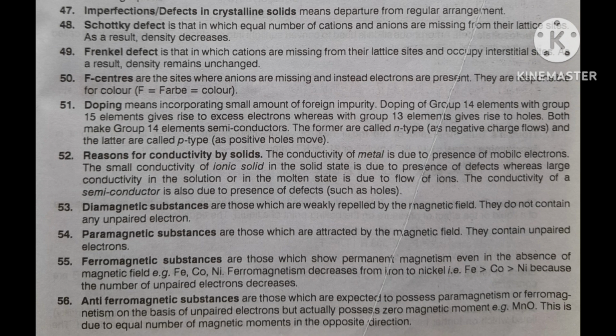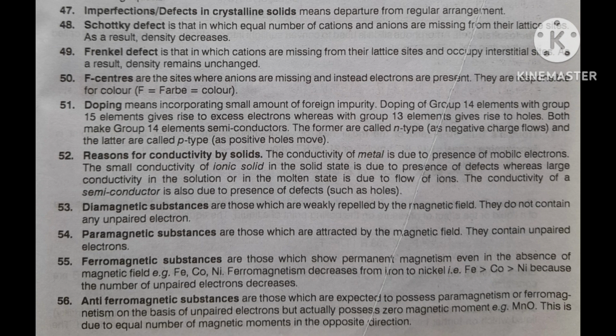Somewhere cations and anions both are missing from their lattice sites. Then as a result density decreases, because density is equal to mass by volume. Volume will be the same, but mass will be less, because cations and anions are not there.